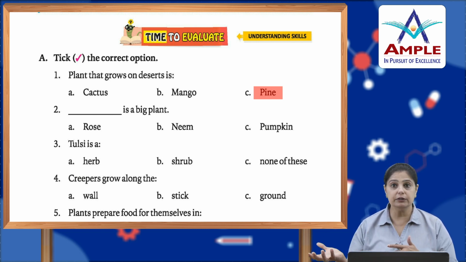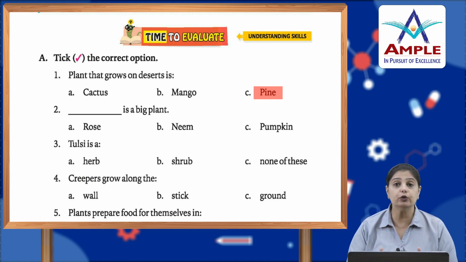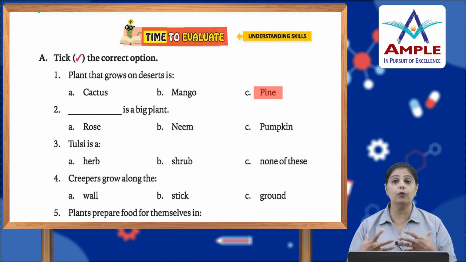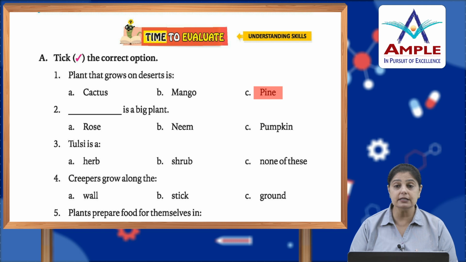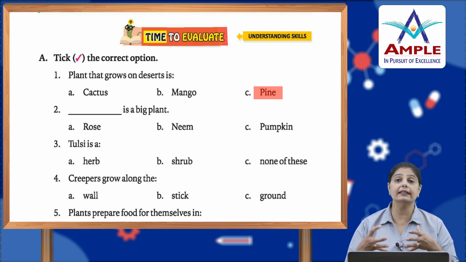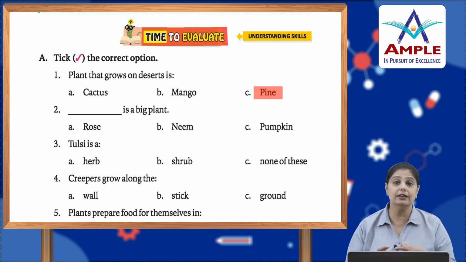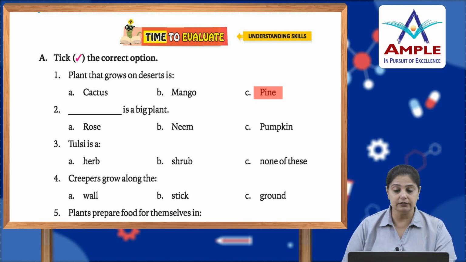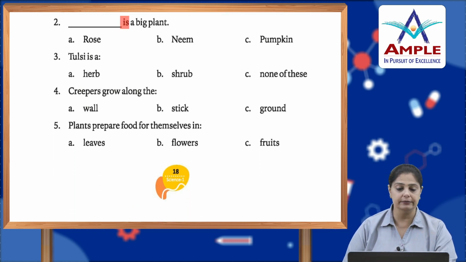If you plant another plant over there, like for example a mango tree, it will not be able to live there because of the extreme sunlight, okay. Mango tree needs water continuously, but these cactus plants have water stored inside their spine itself, and that's the reason why they can survive in the desert, okay. So, the right answer is the cactus plant. Pine is in the mountains, mango on the land.